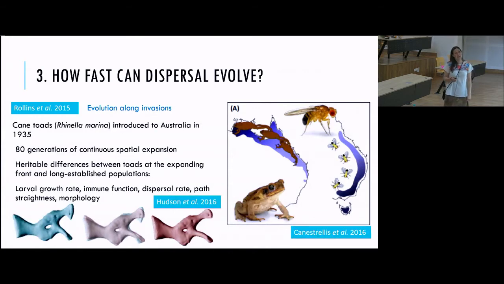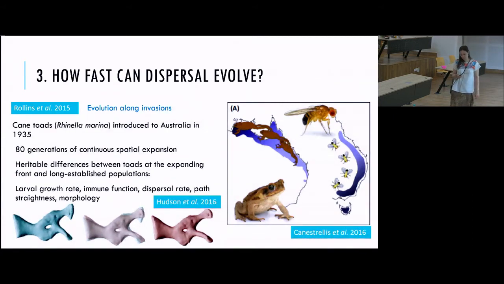And if you collect toads at the front of the range and in places where they've been introduced for a longer time, you find a lot of heritable differences between the toads at the front and at the core of the range, concerning many traits like life history traits like larval growth rate, immune function, dispersal rate, movement strategy and morphology.